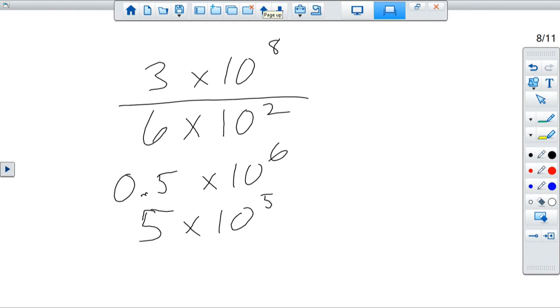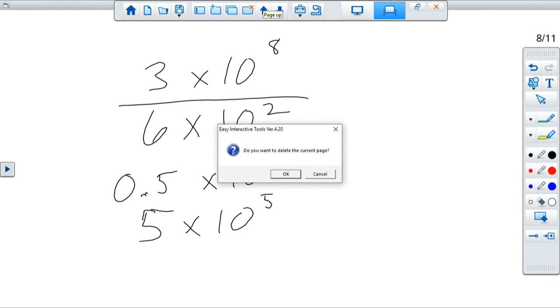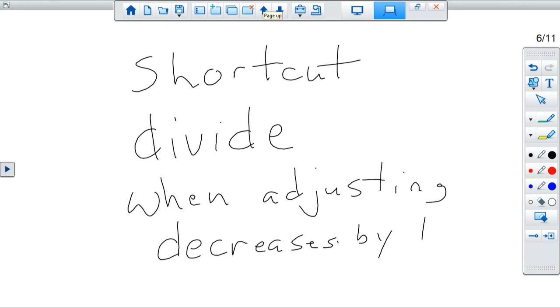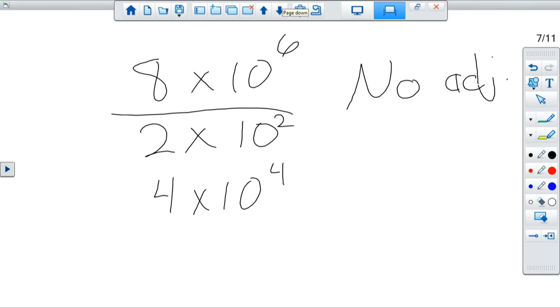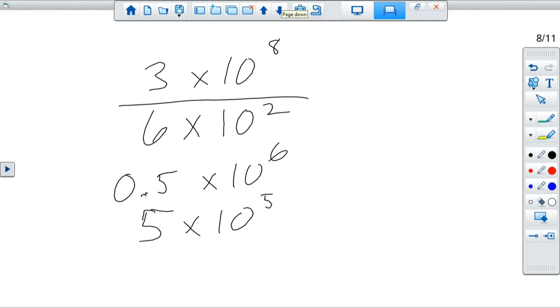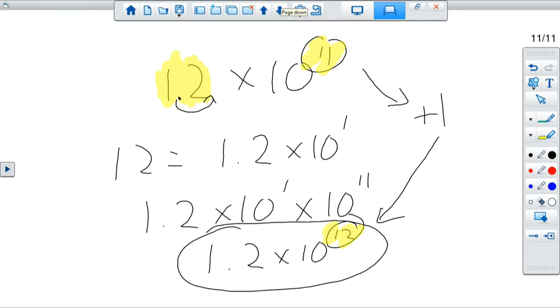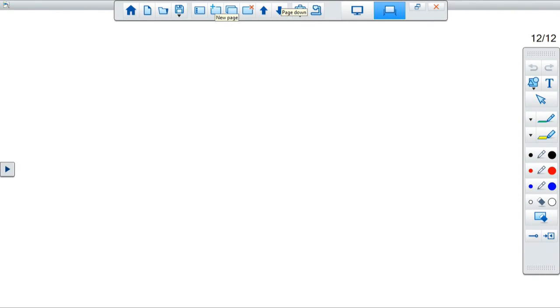Now if we think back to what we talked about with division, let me go back there. Sorry about that. When adjusting with division, we want to decrease by 1. So we see with multiplication that when we have to adjust, we're just going to adjust by adding 1.